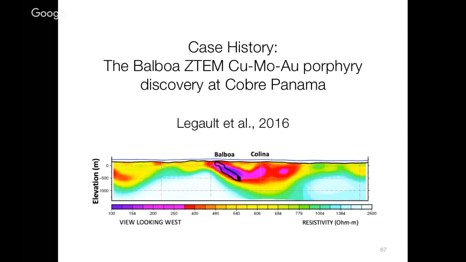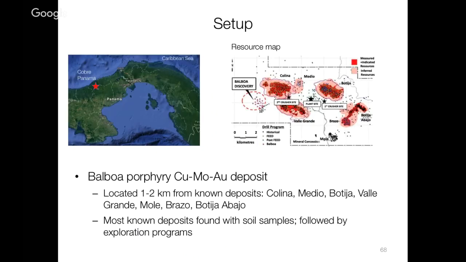We can go through this one fairly quickly. This is a result that we obtained from Jean Legault with the use of ZTEM. The area is in Panama, and the Balboa area discovery is sitting out in here.